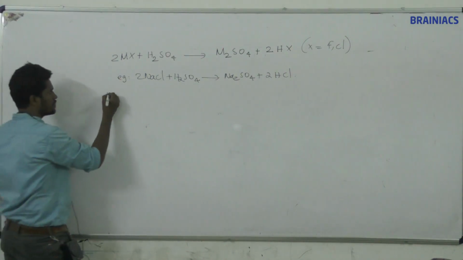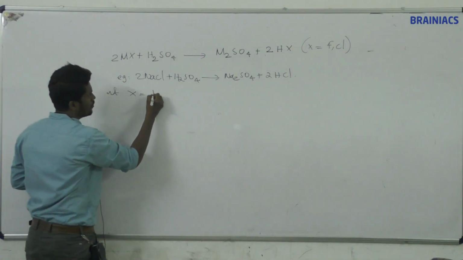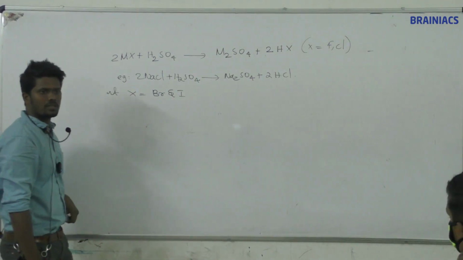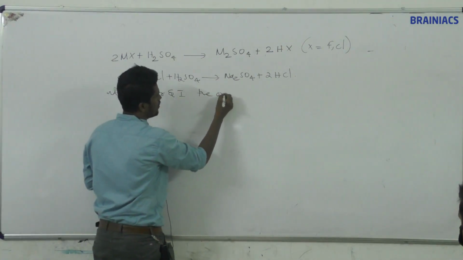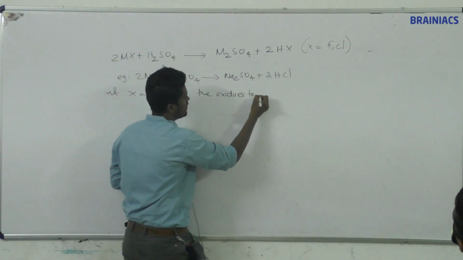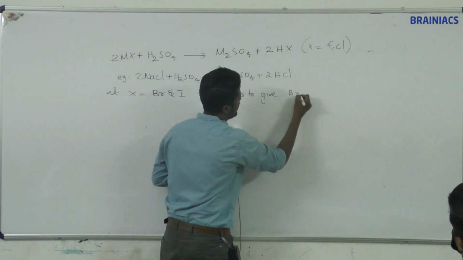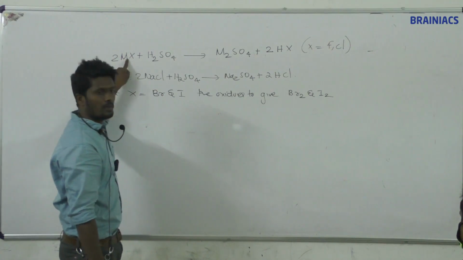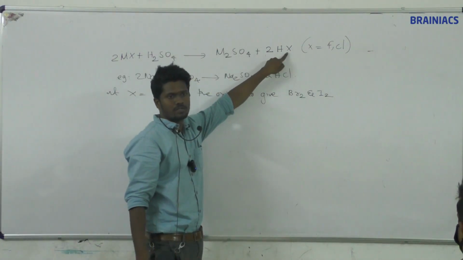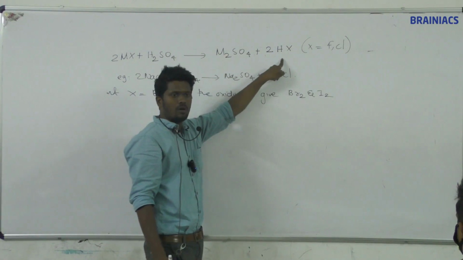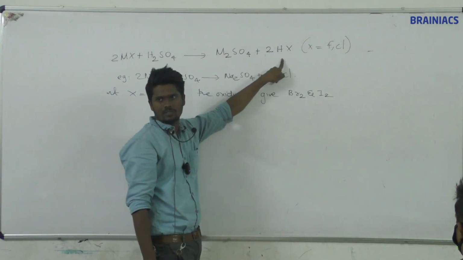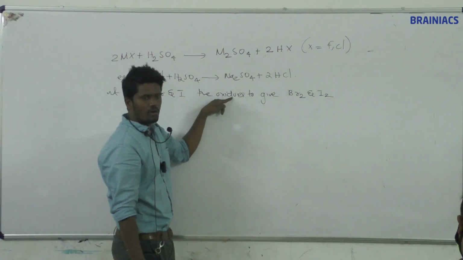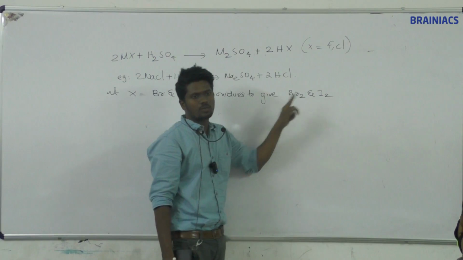If X is bromine or iodine, they get oxidized to give Br2 and I2. What is the charge here? -1. So halogens here do not undergo oxidation or reduction, but if it is bromine or iodine, they undergo oxidation and give Br2 and I2.